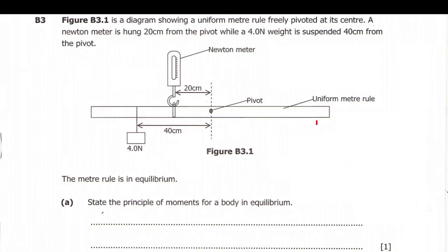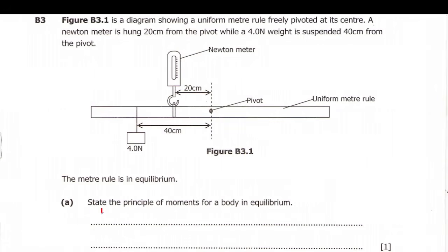It can be rotating, but if it is rotating, the rotation must be uniform, which means the forces pushing clockwise are balanced with the forces pushing anti-clockwise, so it remains in a state of constant rotation. Or if it just remains like this, where it is not going up and down, that means all the forces acting on it are balanced.